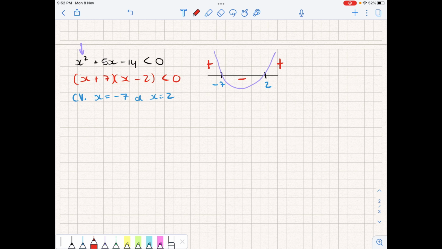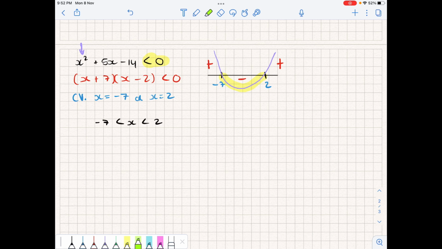Okay, and in our function this time, we've been asked to find the values where the function is less than 0. In other words, where are the negative solutions? And we can see that this occurs between -7 and 2. So how we would write that as a solution is -7 is less than x, which is less than 2.